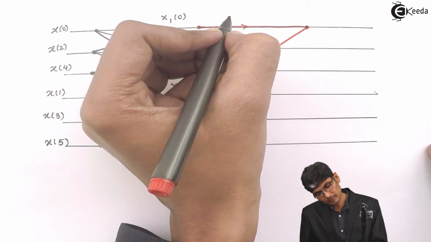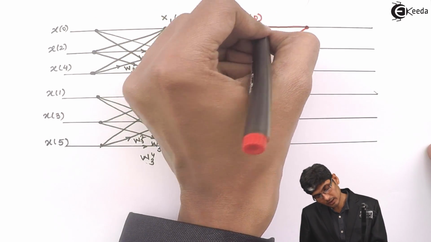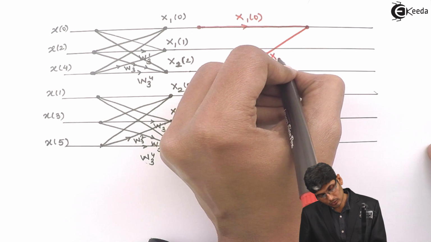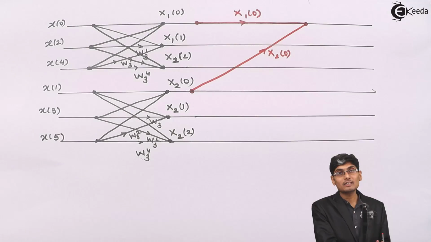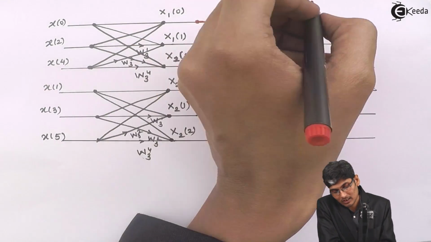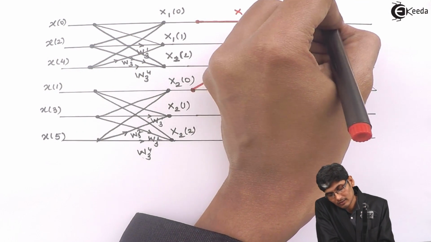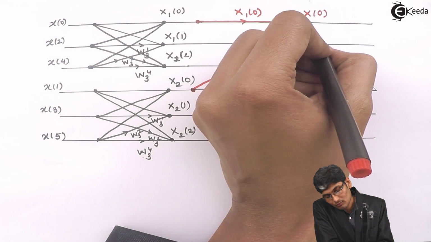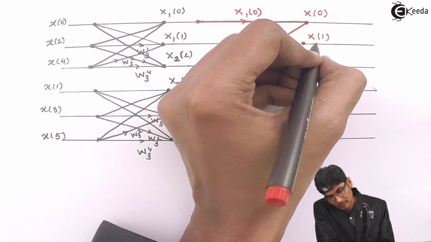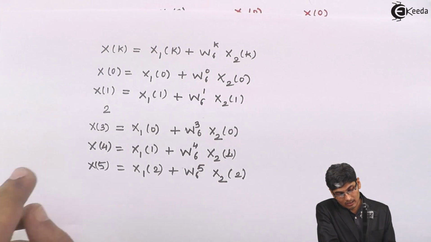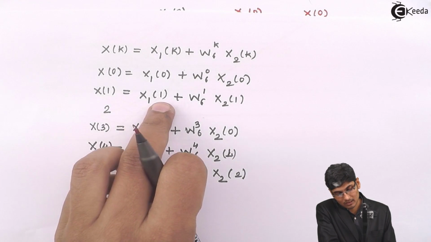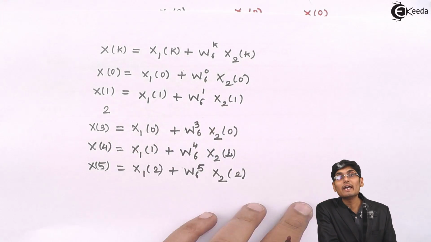So this is my x1 of 0 coming from here, my x2 of 0 coming from here, multiplied by w6 raised to 0. Now we have seen that this one is my x of 0. Now for x of 1, the equation stands as x of 1 will be x1 of 1 plus w6 raised to 1 into x2 of 1.